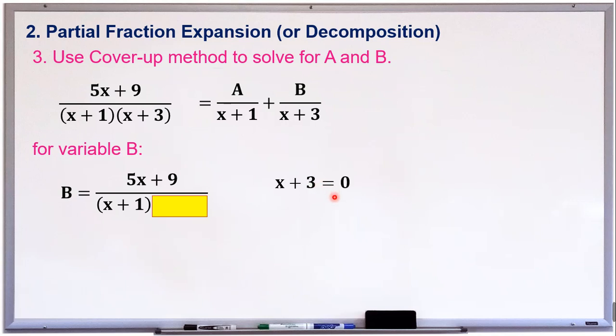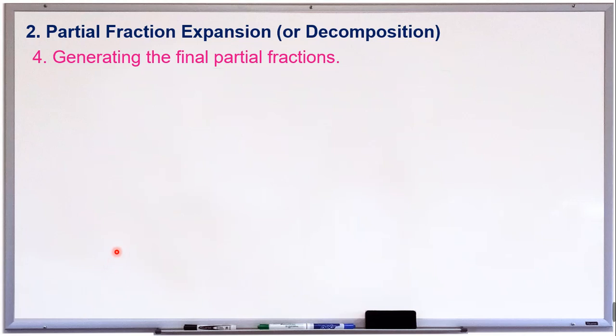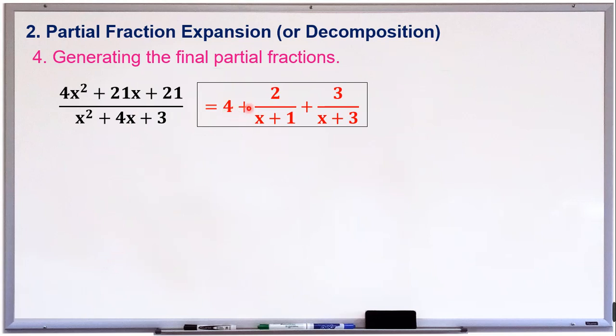Our x here is equal to negative 3, and then substitute this value to our expression. So our b is equal to 3. Therefore, the partial fractions for our given complex fraction is equal to 4 plus 2 over x plus 1 plus 3 over x plus 3.